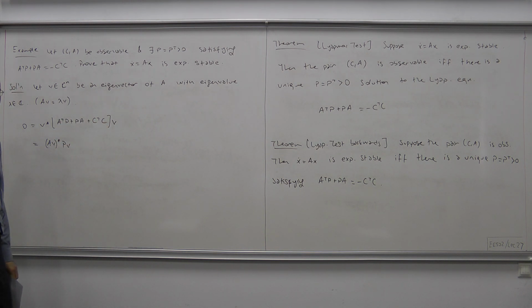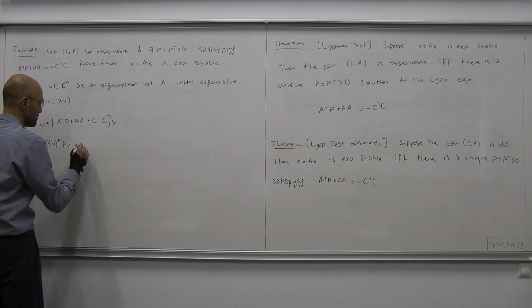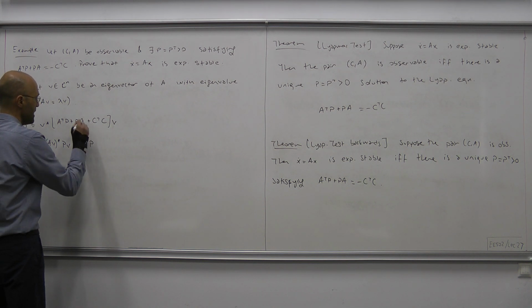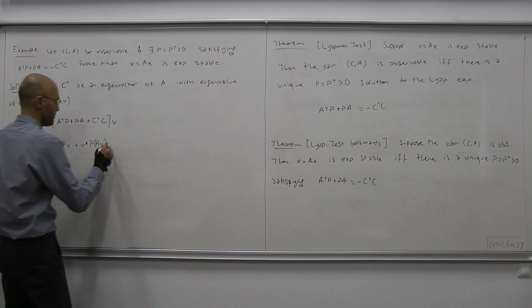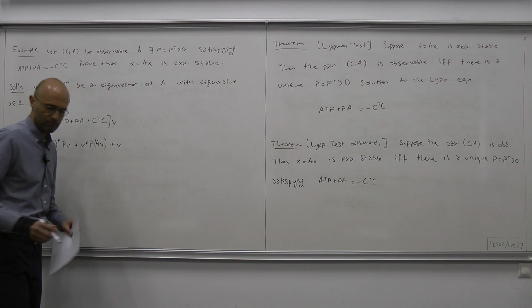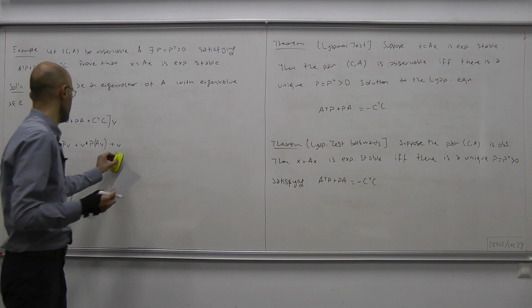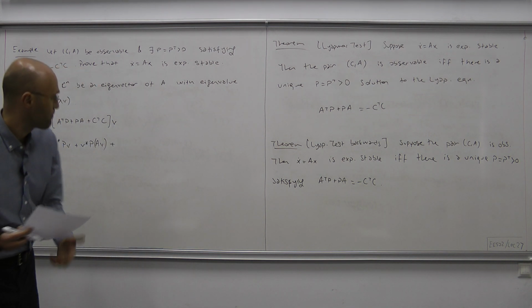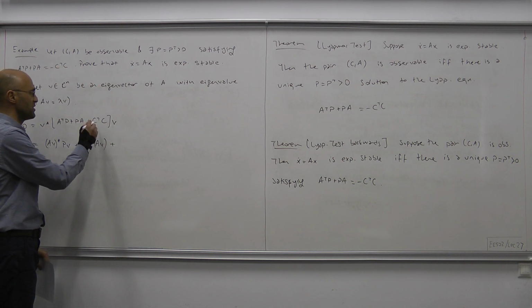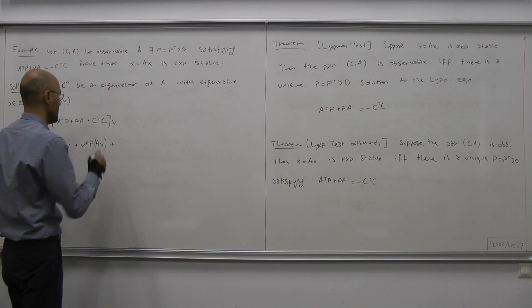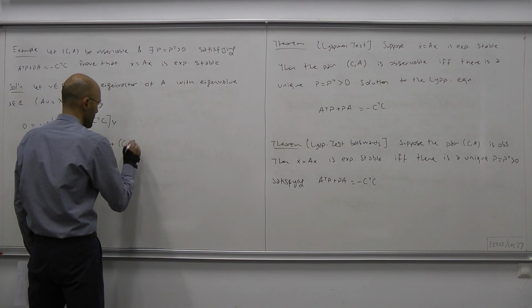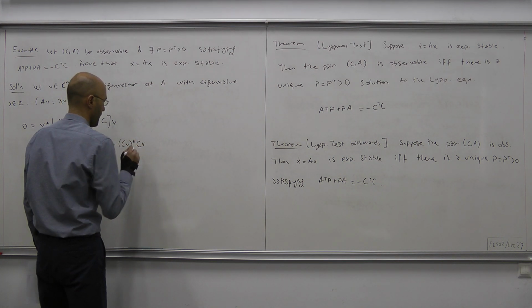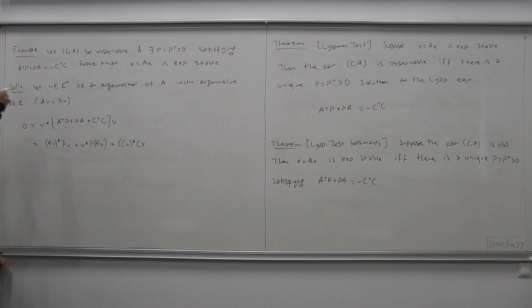Plus V conjugate transpose PAV. And we have V conjugate transpose times C transpose times CV. Again, C is a real matrix, therefore we can write this as CV conjugate transpose times CV.